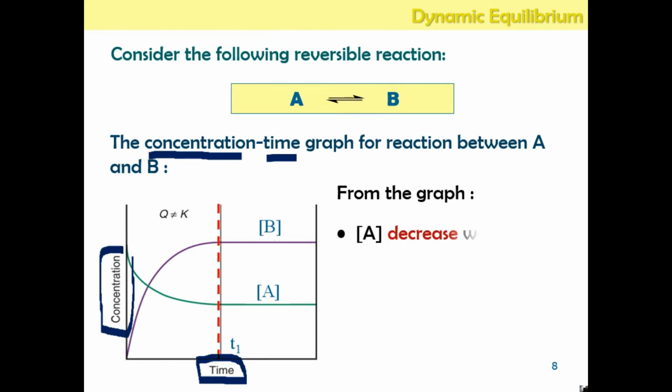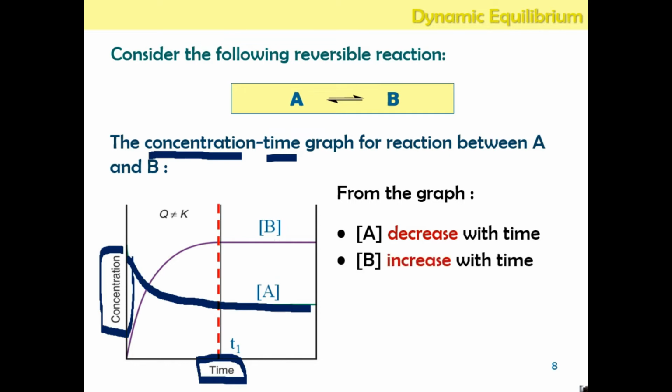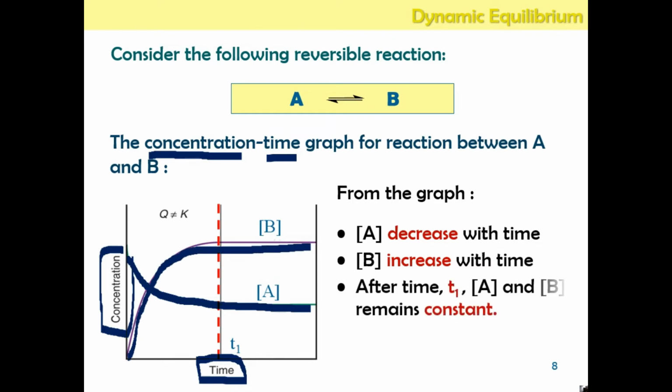From the graph, first, the concentration of A decreases with time, and the concentration of B increases with time. After the time T1, the concentration of A and the concentration of B remain constant.